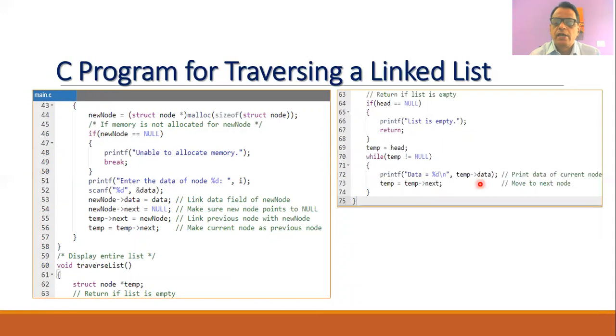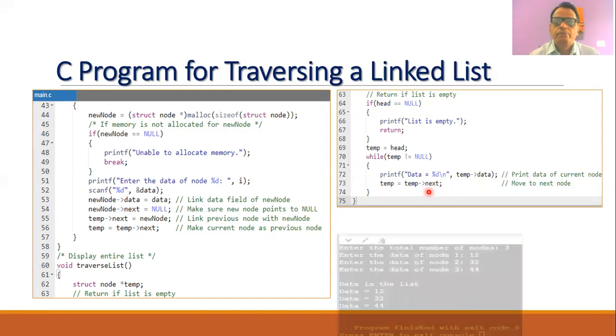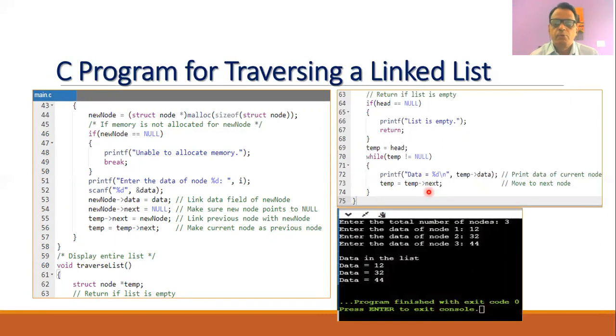So this statement is being used to print the data of the current node. And then we will move to the next node by making use of the statement temporary is equal to temporary arrow next.